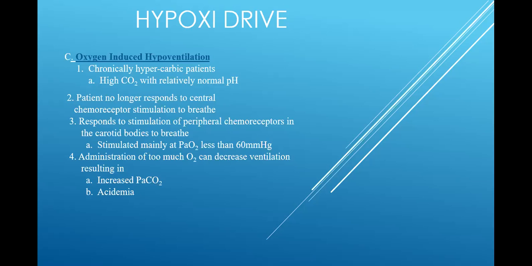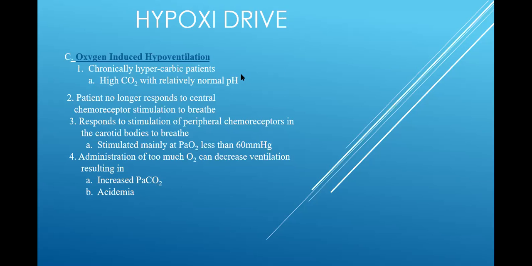The CO2 is always high. The bicarbonate has come up to kind of buffer it out, and the pH is back into normal range, but leaning acid. Okay? They're always going to have a high CO2, and they're always going to have mild hypoxemia.